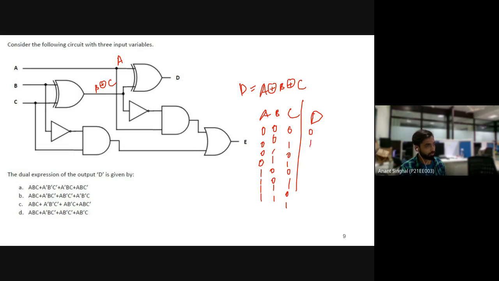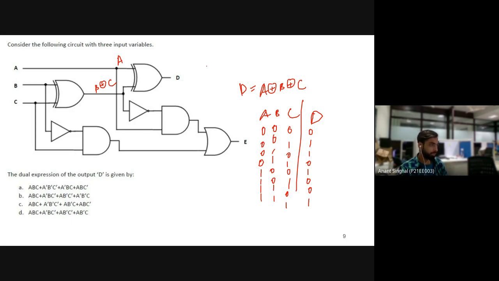So this is one, one, zero, one, zero, zero, and then again one. Here we can see we are getting one, two, four, and seven as one. So you need to remember this. This is quite an important thing to remember.